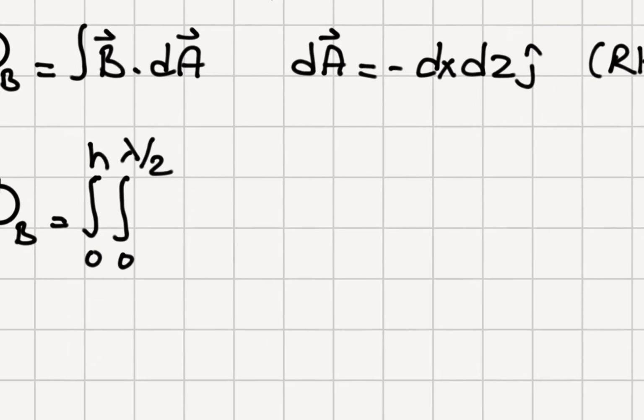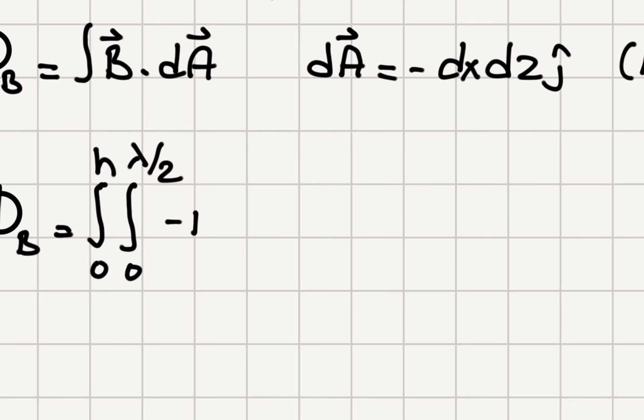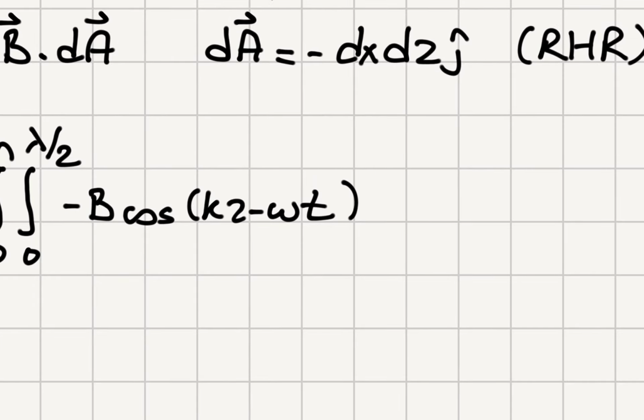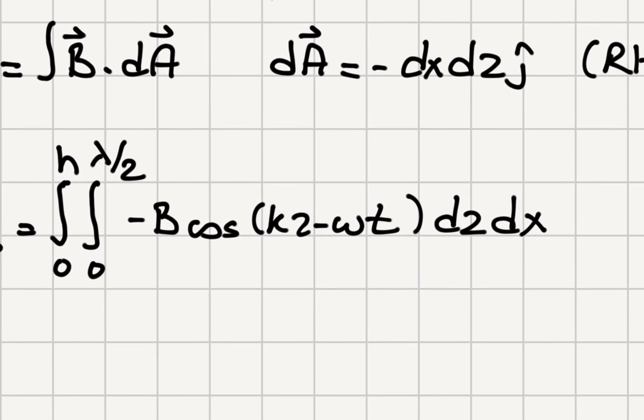So this is minus B cosine of kz minus omega t dz dx. All right. So if I perform the x integration, I basically see that there's nothing that depends on x here.